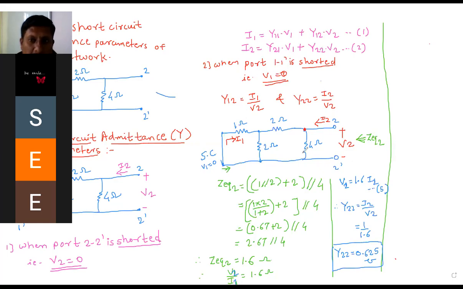Current division. What will happen? The current I2 will get divided. Some of the current will go through 4 ohm and the remaining current will flow through this 2 ohm.